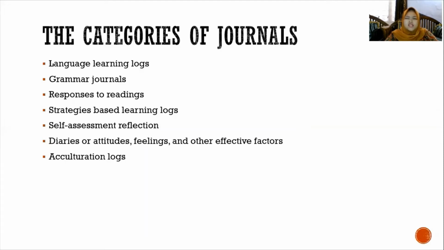The categories are like when you make a journal, you should consider these categories. What category of journal do you want to make? You have to consider whether you want to make a response to reading journal or you want to make a self-assessment writing journal or something like that.